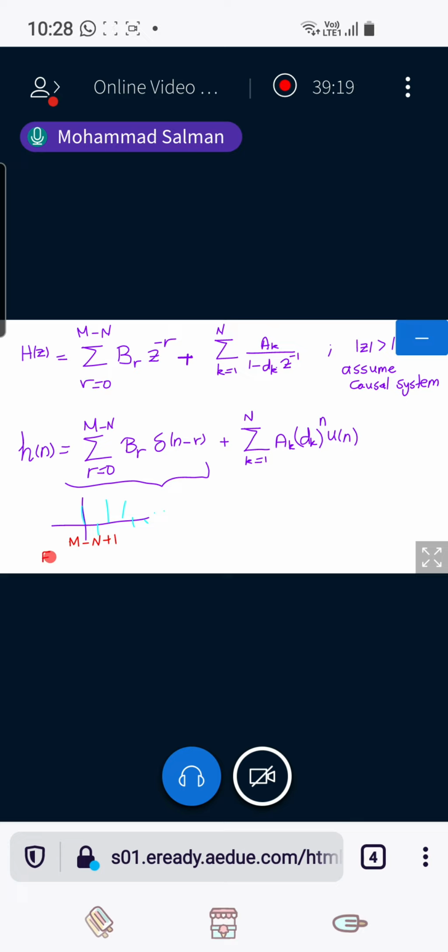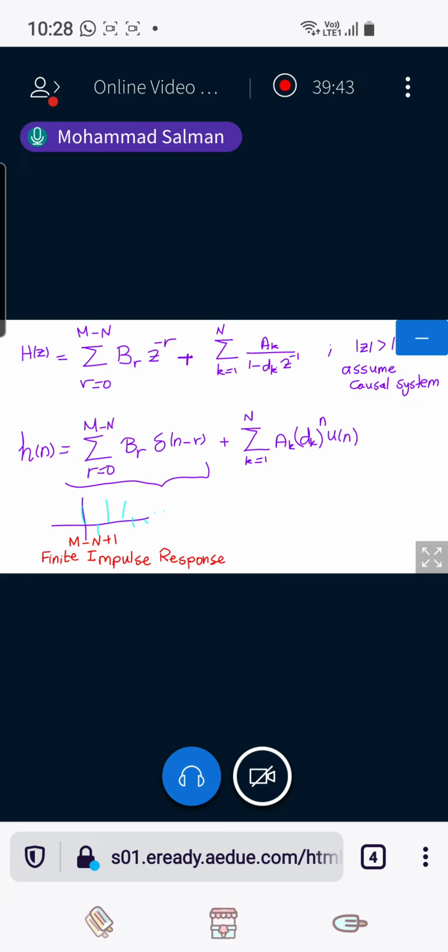That has a finite length. So how many samples do I have? M minus N plus 1 samples. It could be 100, 1 million, 10 million. I don't care. The most important thing is the finite impulse response. The impulse response here is finite.